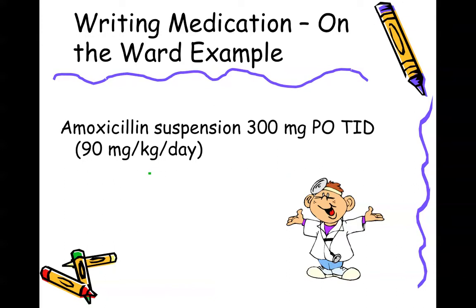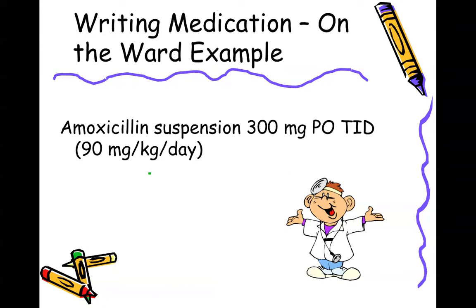Dividing 800 by 3 is harder, and dividing 750 milligrams by 3, the math may not be hard, it's 250, but the point here is that you want to make the math as easy as you can.